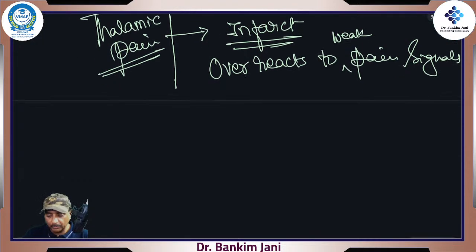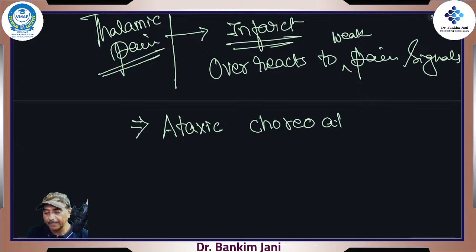Now, when this is affected, we know that the thalamus is for coordination and proper regular movements. When there is infarct, this is a technical term, it is called ataxic choreoathetosis. So what's that?